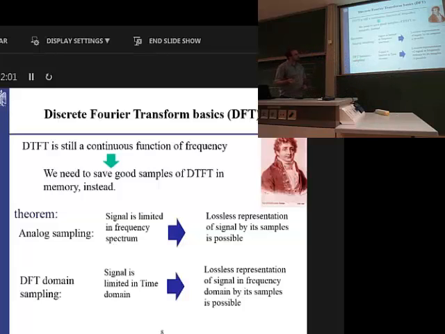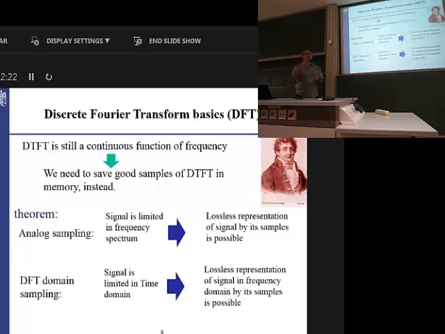In the same way, in the DFT what we are trying to do is take samples from the DTFT version of the signal. So we have the signal X(e^{jω}), which is the DTFT, continuous in frequency.